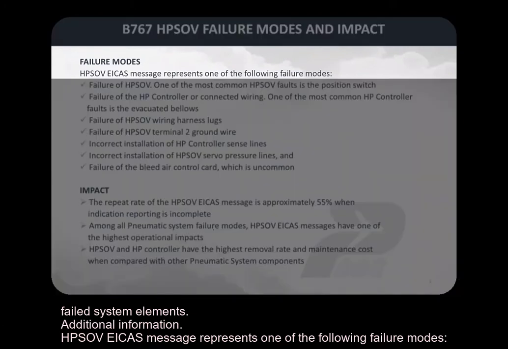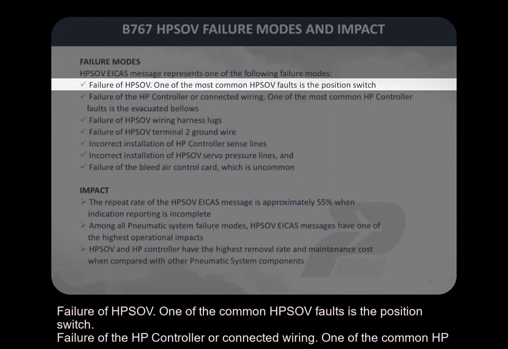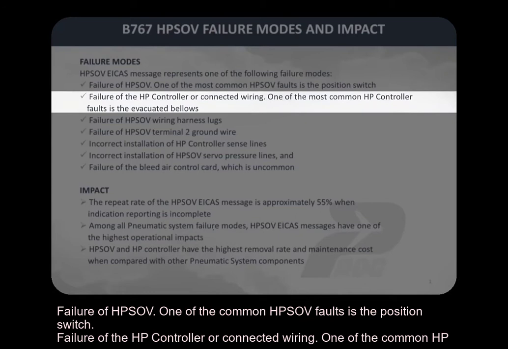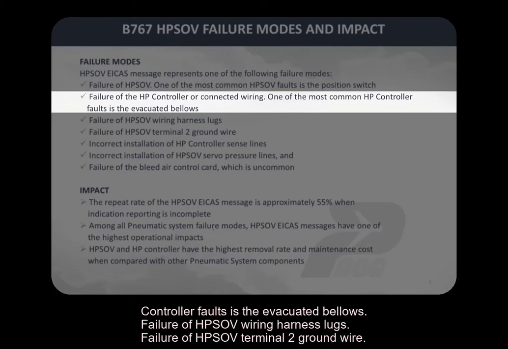HPSOV ICAS message represents one of the following failure modes. Failure of HPSOV. One of the common HPSOV faults is the position switch. Failure of the HP controller or connected wiring. One of the common HP controller faults is the evacuated bellows.